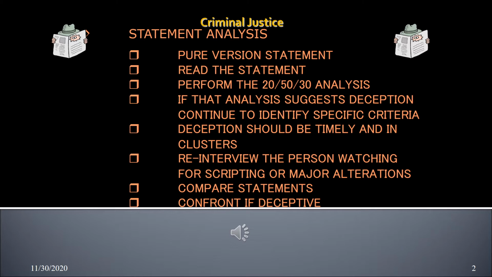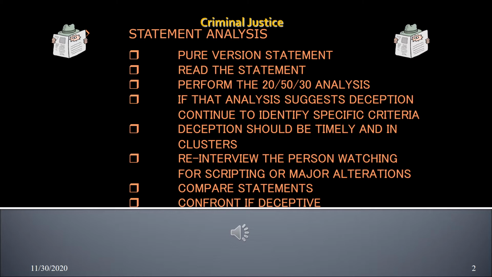If your analysis suggests deception, then you're going to continue to identify specific criteria. So that's where you take out the document that I sent you, and you go through and say, okay, where is there equivocation? Where is there resistance? Where is deviation from the norm? And all the other things that we're going to talk about today. Is there sequencing? Is there scripting?